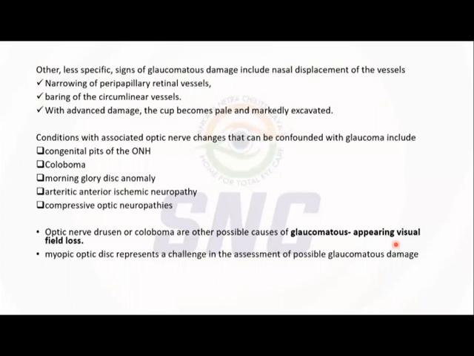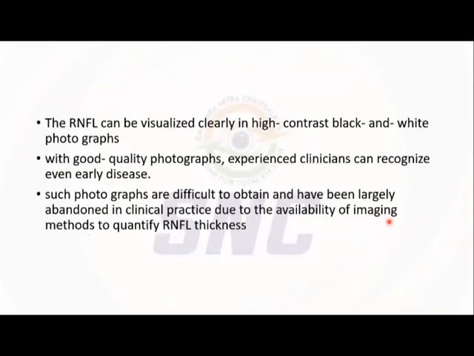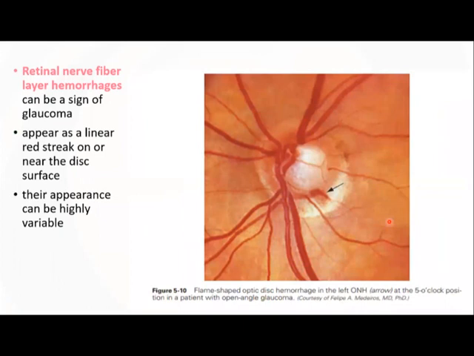And if you go to the images which we have shown previously, the splinter hemorrhage you have shown, no? The central vein is there, and lateral, temporal to that, one single vein is going.